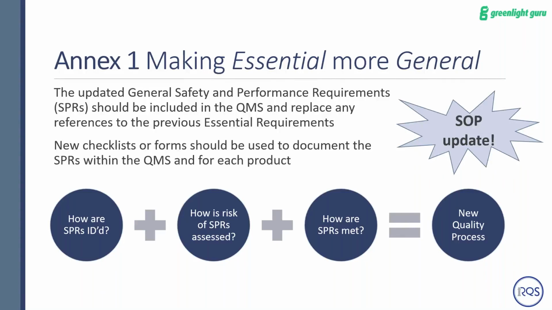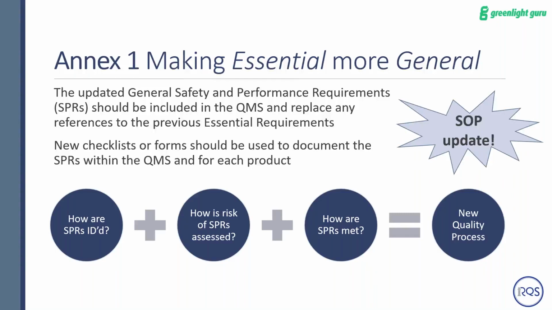That same workflow is going to go on with the SPRs, GSPRs. It's just making sure you've updated your documents and your records to comply with the new regulation. So new checklists and forms should be completed.